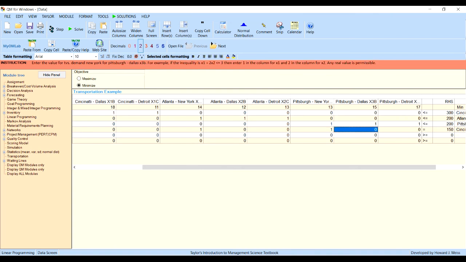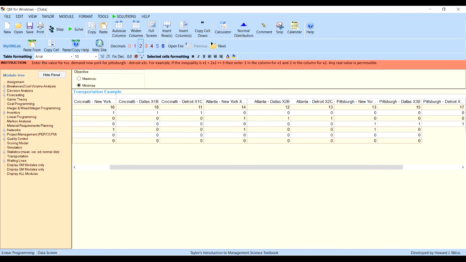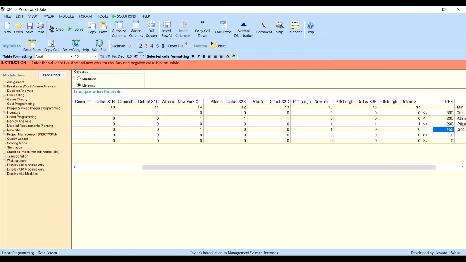What we've said here is that TVs from Cincinnati, TVs from Atlanta, and TVs from Pittsburgh, all to New York, must only equal 150. Anything else is unacceptable.